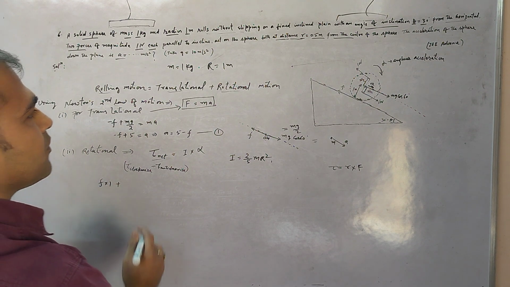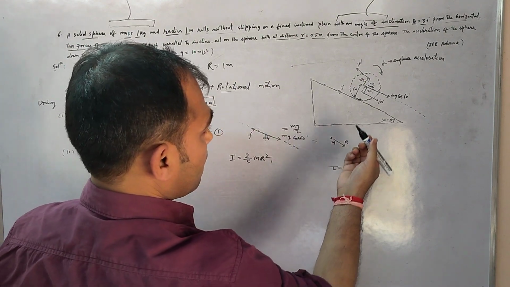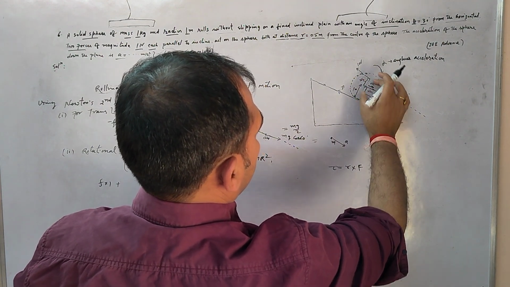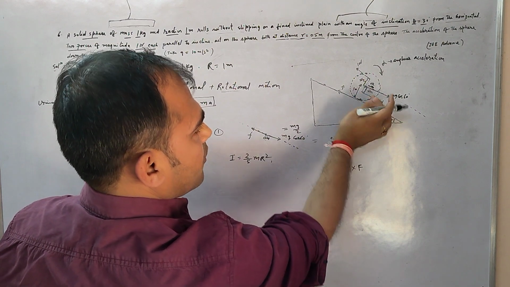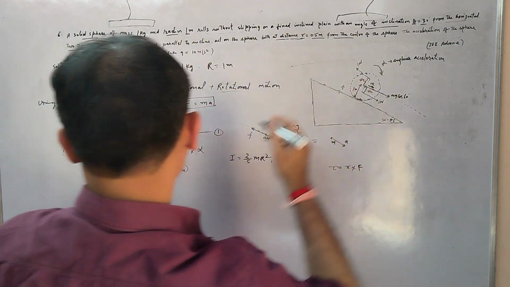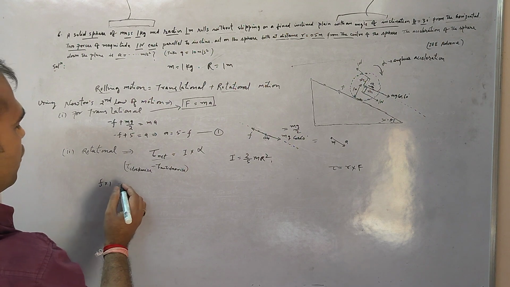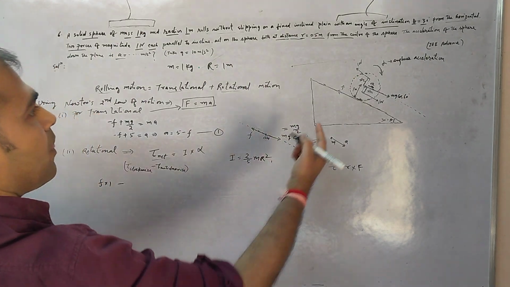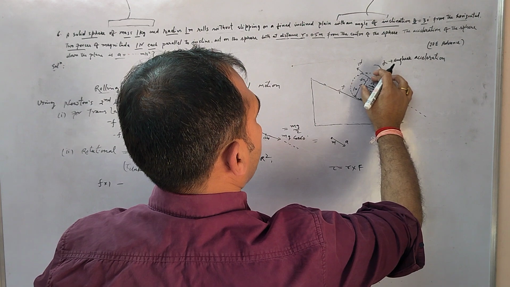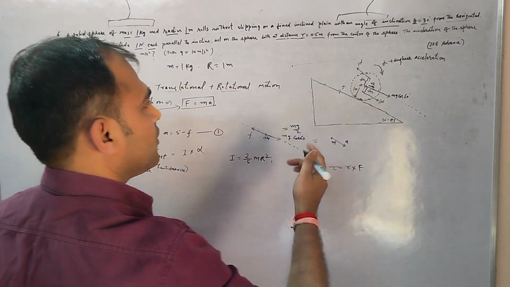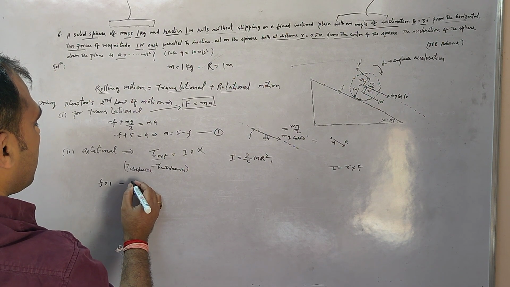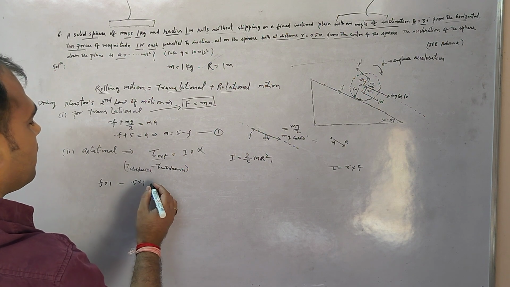torque by frictional force. Now this will be anti-clockwise, this will also be anti-clockwise, so they will be opposite direction, minus R into F. R is 0.5, you can say half, so this is 0.5 into 1 Newton.